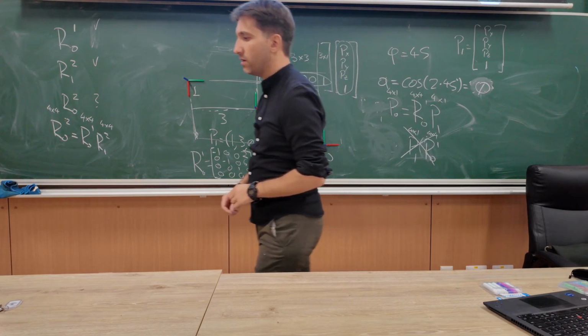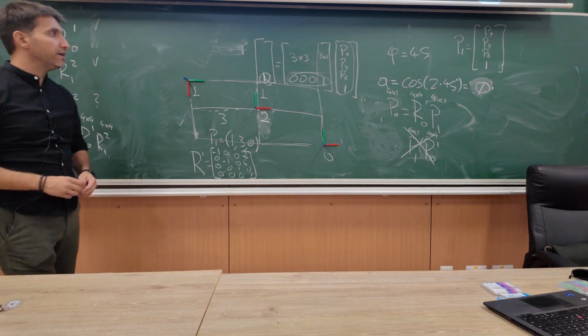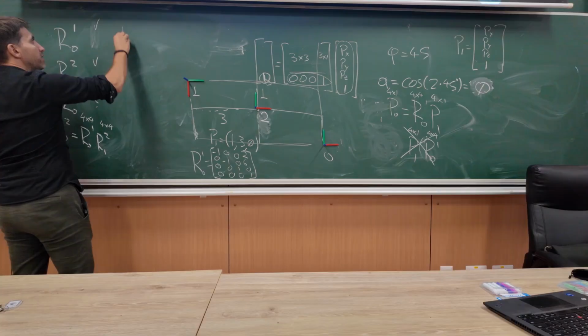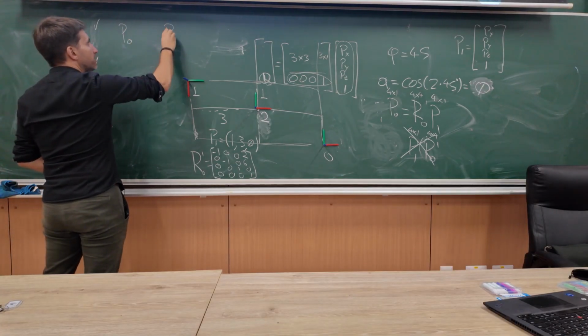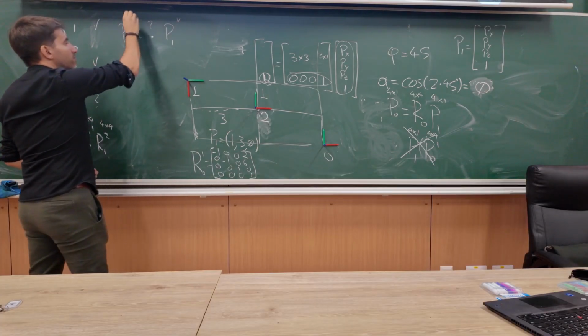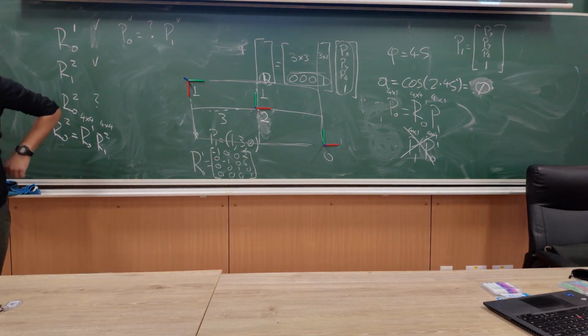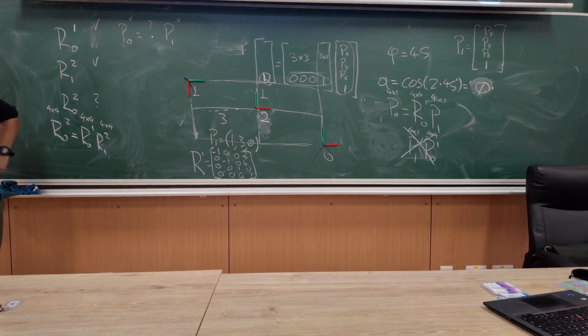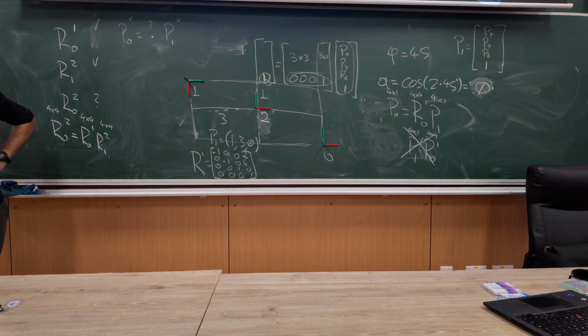If you know P0, let's say, and P1, can you figure out the transformation between them? That's what you're asking. That's a good question. Is it unique?